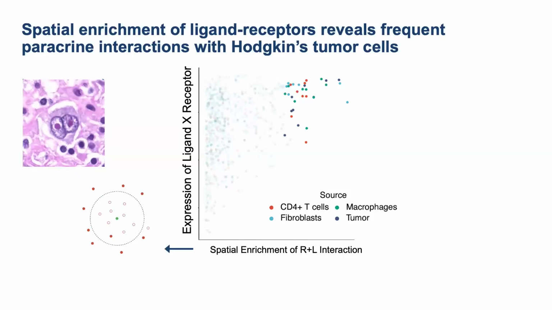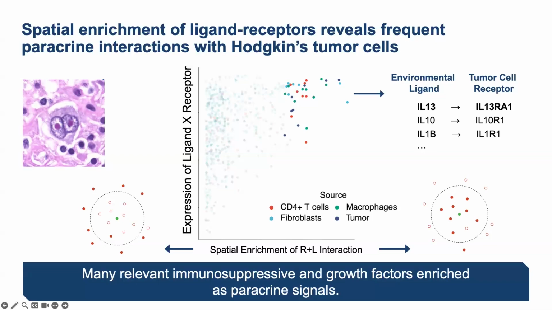Over here are ligands which are not spatially co-localized, over here are ligands which are spatially localized, and up here is the expression. You can see many factors are highly expressed in the tissue, but maybe they're not spatially co-localized. Of these spatially co-localized ones, we find many strong environmental ligands signaling to tumor cell receptors, including many immunosuppressive and growth factors. We went and validated many of them with functional experiments.